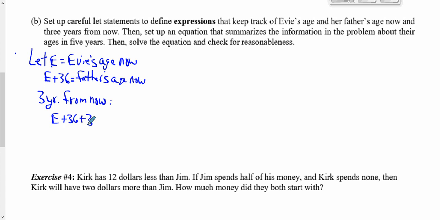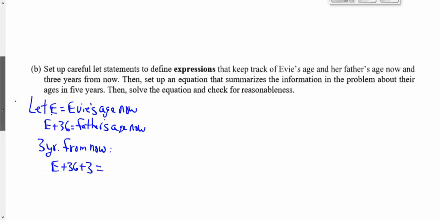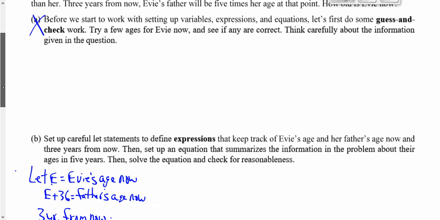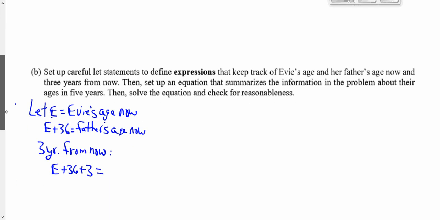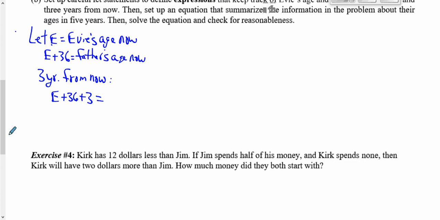So he's still 36 years older. Equals, and it says what? 5 times her age at that point, which is E plus 3. So what do we write? 5 times E plus 3. Is that right? Is this right here? Is that right?